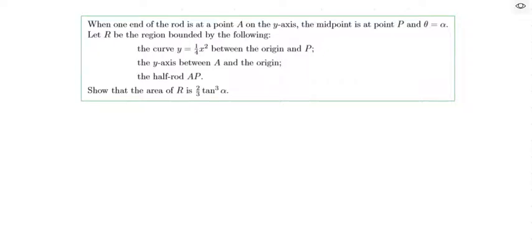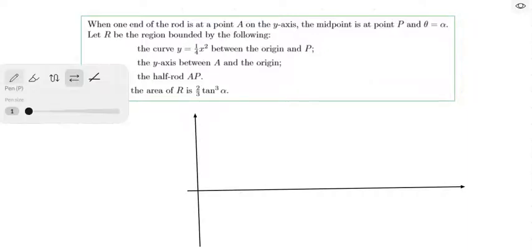On to the second part of the question. When one end of the rod is at point A on the y-axis, the midpoint is at P. Okay, let's draw this. So we've got a curve, x, y.